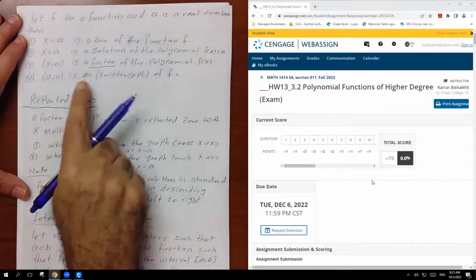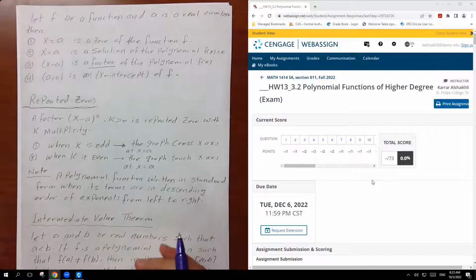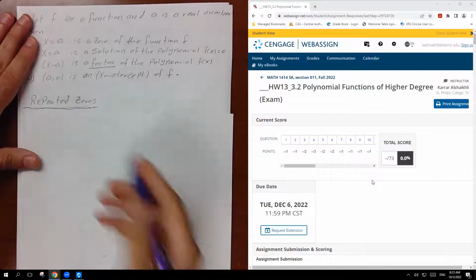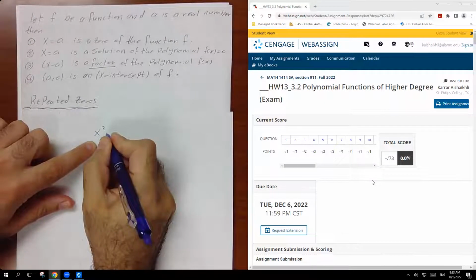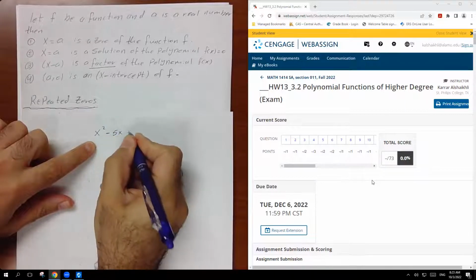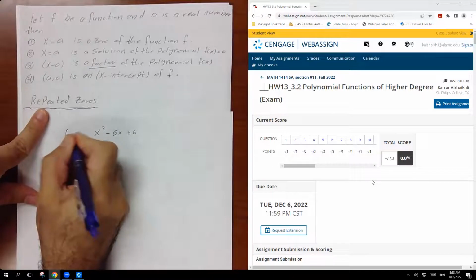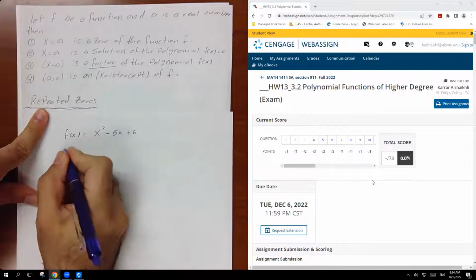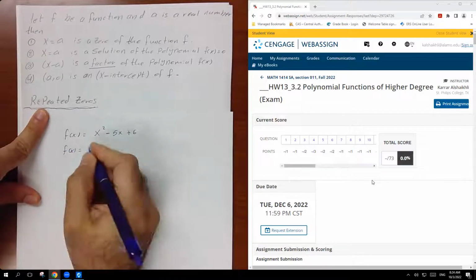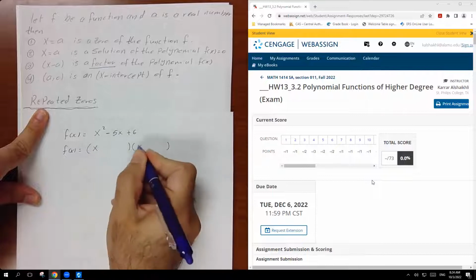So again, when you factor the polynomial, let's do a simple example. If you have x squared, let's say minus 5x plus 6, this is a polynomial. F of x equals. When we factor this one, we're going to open 2 parentheses, 1x here, 1x here.